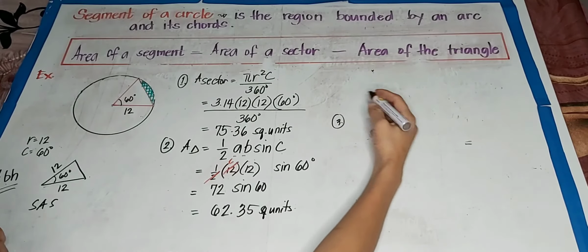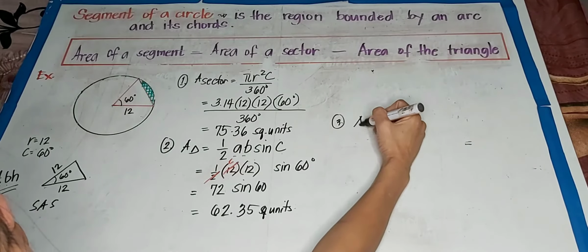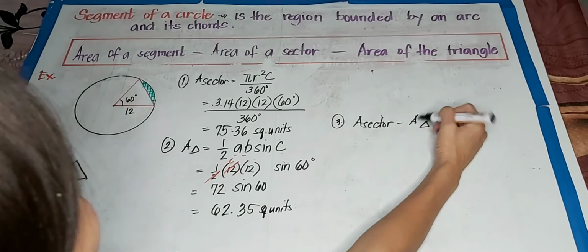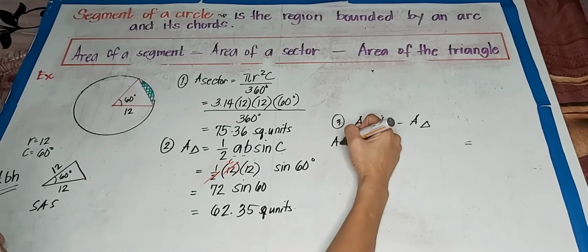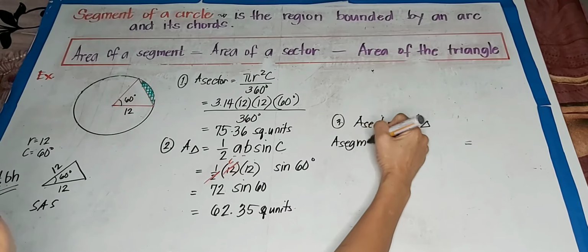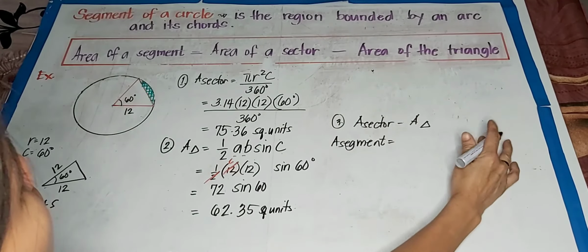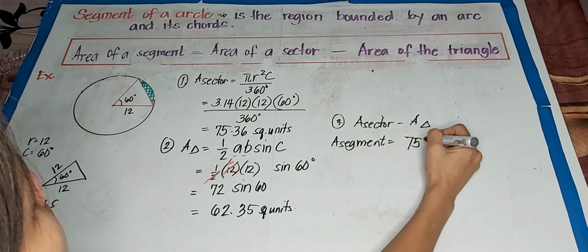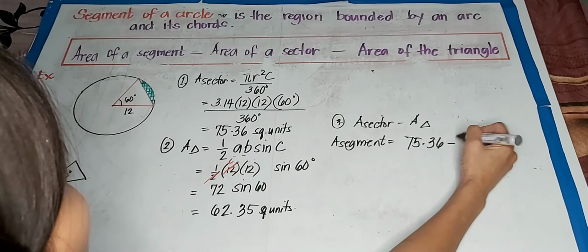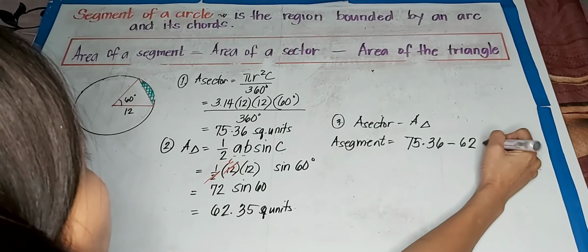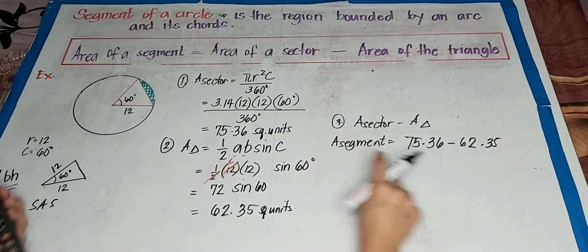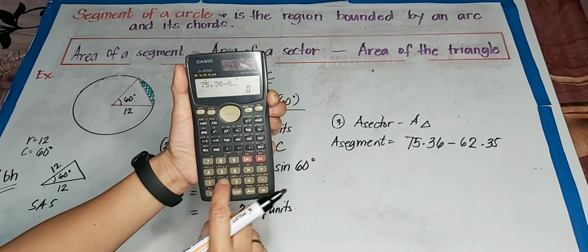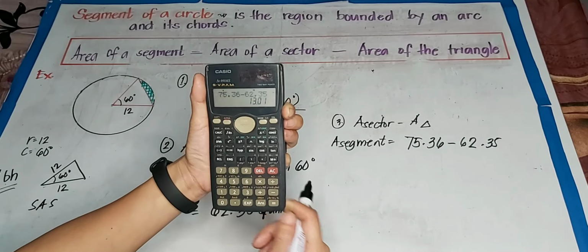Now, step 3, the moment of truth, area of the sector minus area of the triangle. So, ito yung area of the segment. Okay, gawin natin siya. So, this is 75.36 minus 62.35.